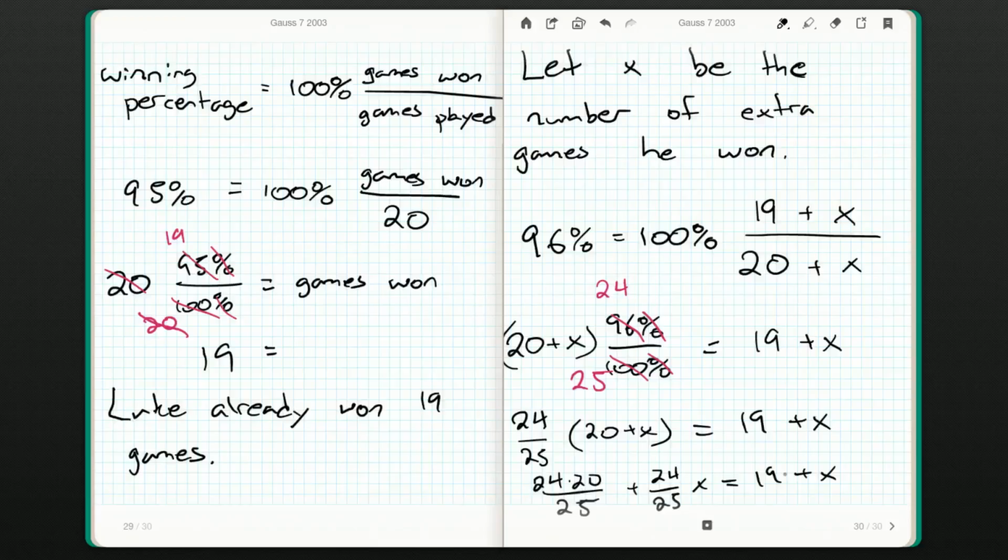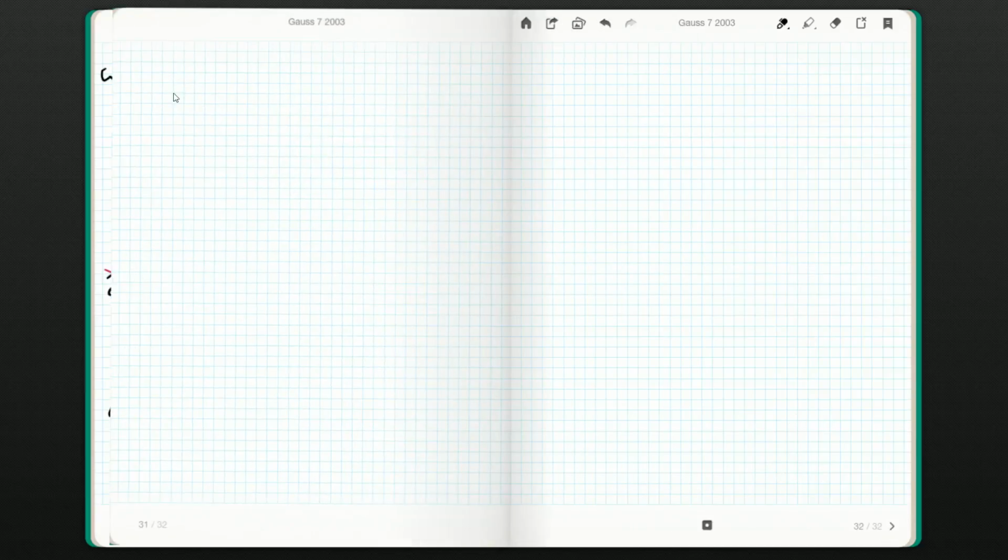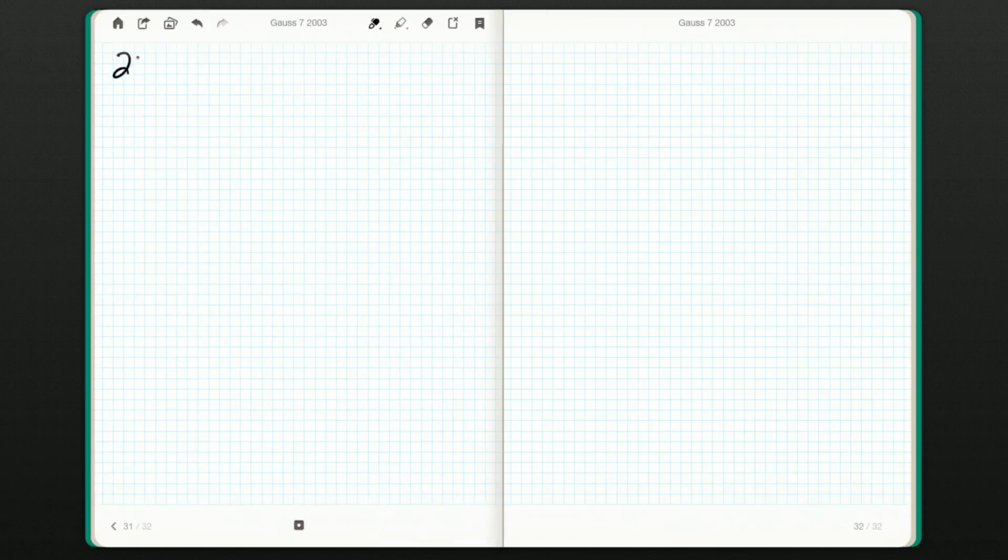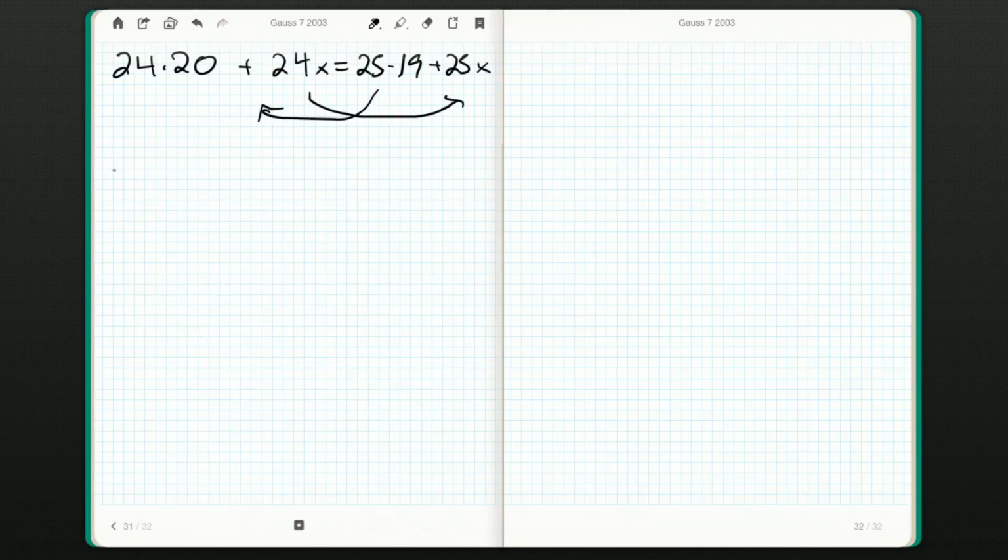But we're going to get some weird numbers. So to make it easier on myself, I'm just going to multiply both sides by 25. So I'm going to get 24 times 20. And that's a nice number. I don't even need to pick up my calculator to do that. 24 times x. 25 times 19. And 25 times x.